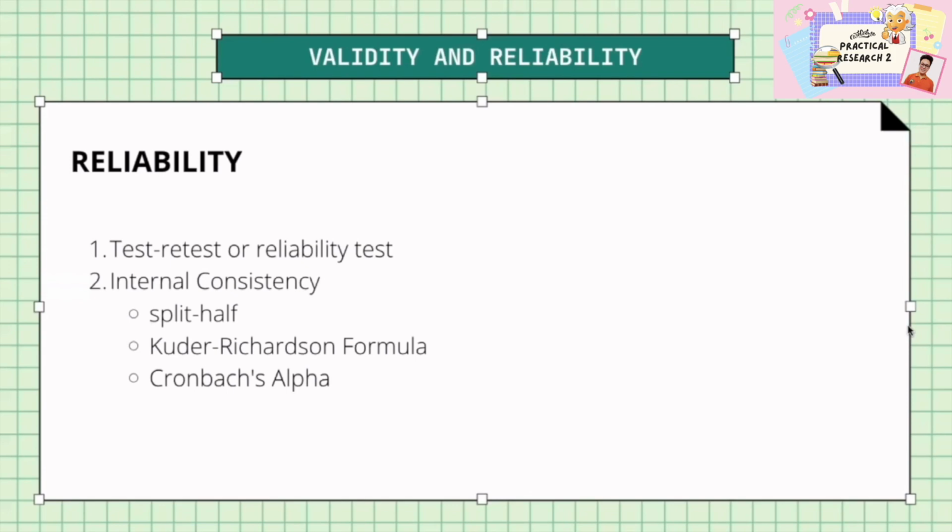Okay, the first type is split half. It is a method of establishing internal consistency wherein a test is given only once to the respondents. If, for example, the test has 100 items, you have to divide it into either a first half and a second half, or a half containing all odd numbers and even numbers.